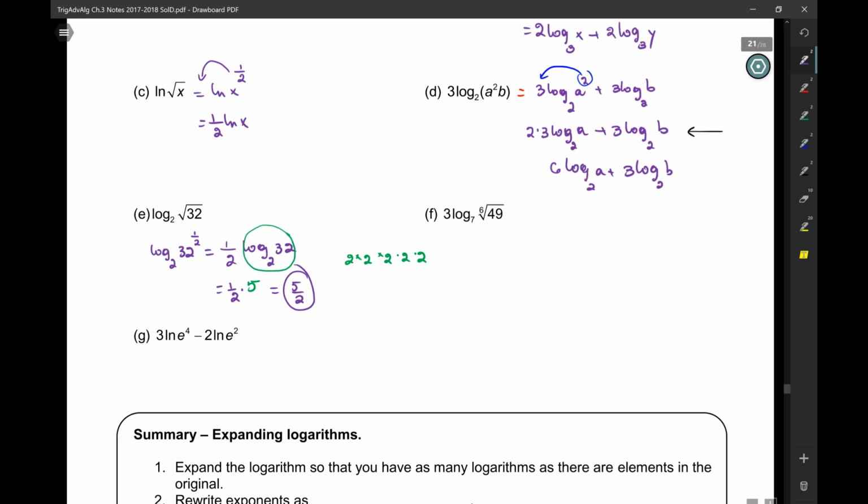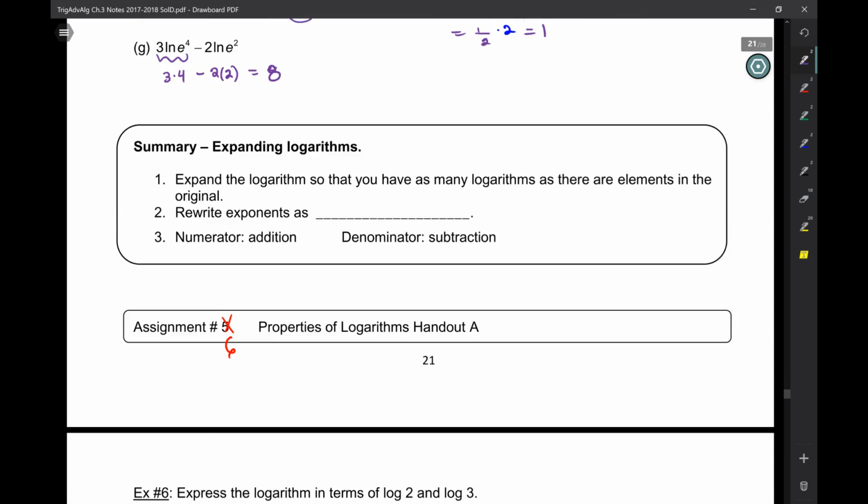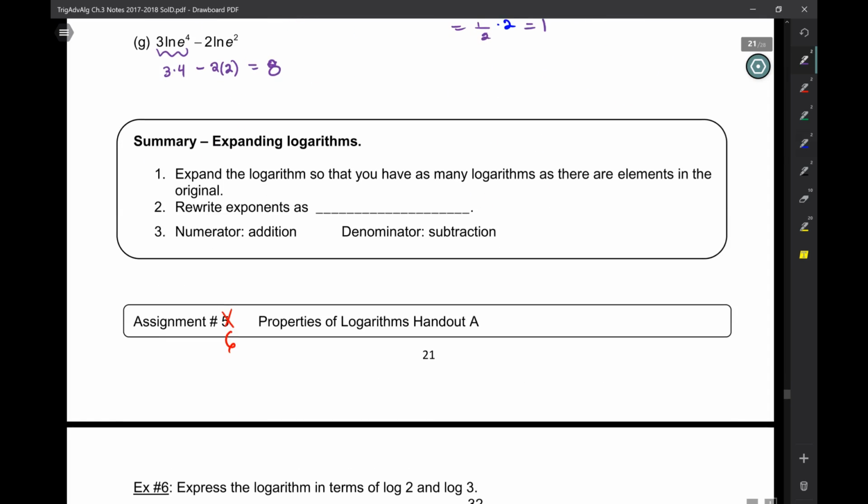Okay? Now, I'm going to give you 3 minutes to do F and G. Go, 3 minutes. So just to summarize, what we did today was called expanding logarithms. So on your test, on your quiz, on your homework, you're going to be asked to expand the logarithms, and that's exactly what we did, right?